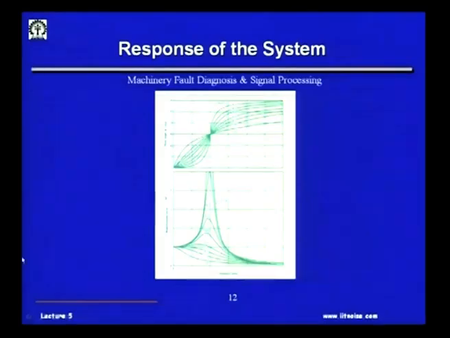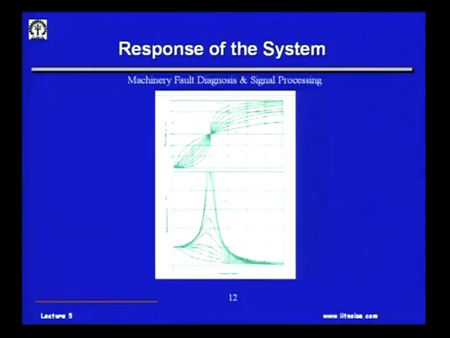In fact, if you look at this plot here, this is the magnification factor and the frequency response. With very low damping, this amplitude shoots up, and also the phase angle undergoes a change of 90 degrees, and it changes with damping.